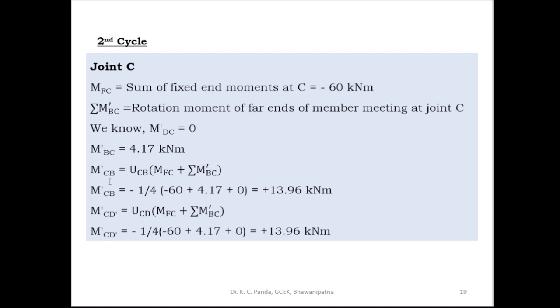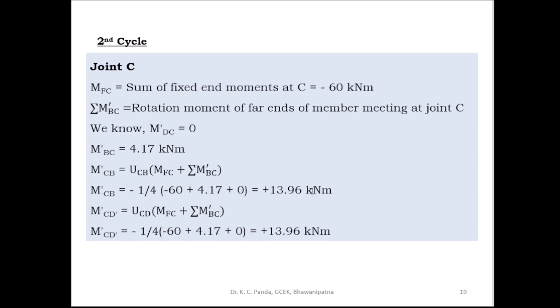So m dash CB is equal to UCB into MFC plus summation of m dash BC, and you know UCB is equal to -1/4, MFC is -60, and here you have to take the far end rotation moment, one side 4.17, which you got in the first cycle, and the other end you take 0 as the axis is passing through the midpoint, so you are considering that point as a fixed end 0.